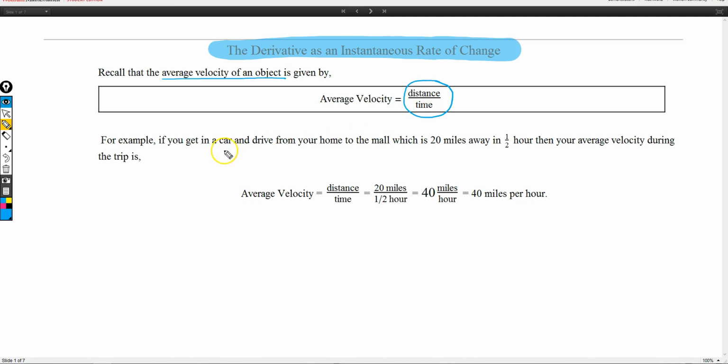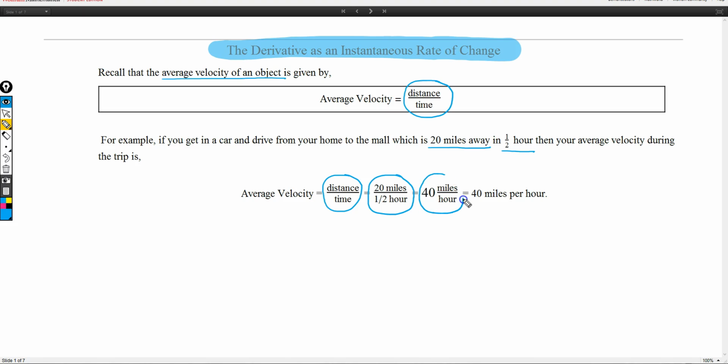For example, if you get in your car and you drive from your home to the mall, let's say, which is 20 miles away, and you do that in half an hour, then your average velocity during the trip is going to be distance divided by time, which in this case is going to be 20 miles divided by 1/2 hour, and 20 divided by 1/2 simplifies, of course, as 40.